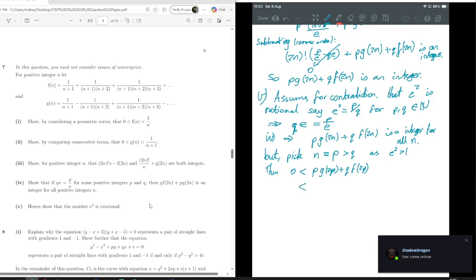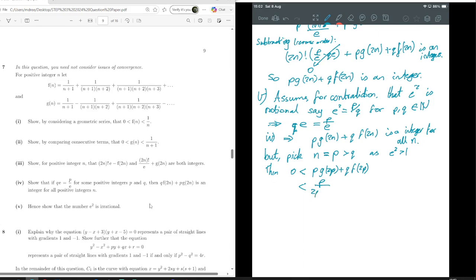So this is less than p over 2p plus 1. This is by part 2 of the question and part 1 of the question. So part 2 gives me my bound on g, plus q over 2p plus 1. Sorry, just over 2p. So then if I want to make this bigger, I can say this is p over 2p plus 1 because p is bigger than q.